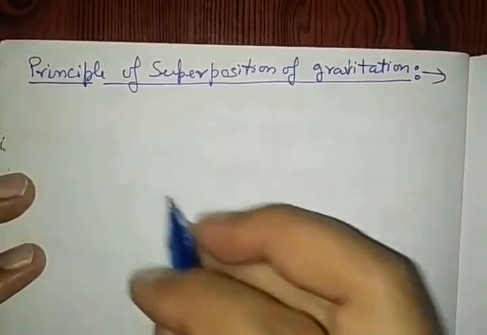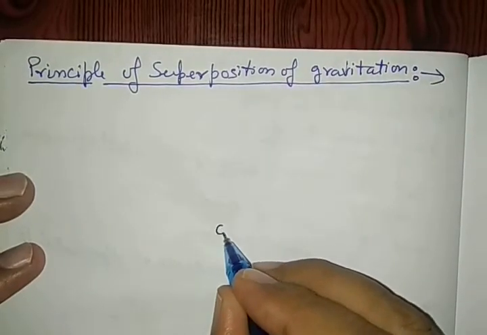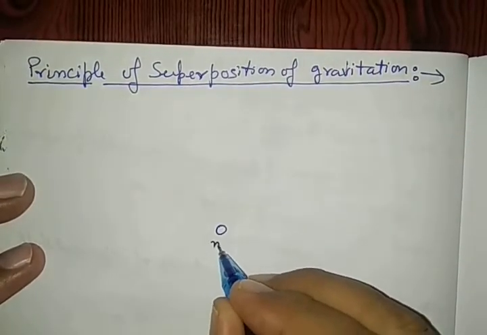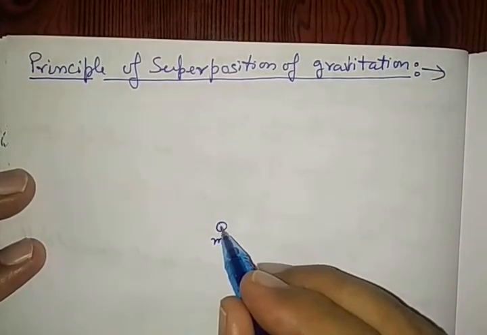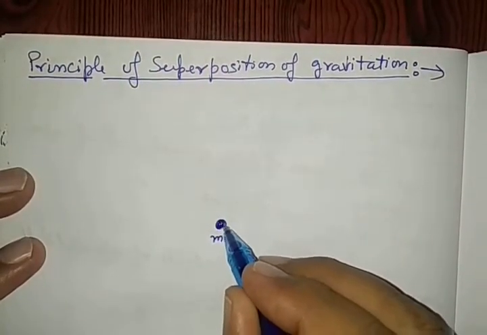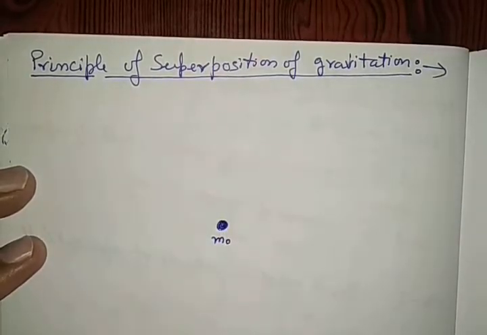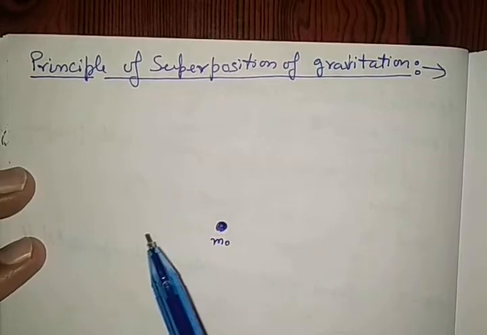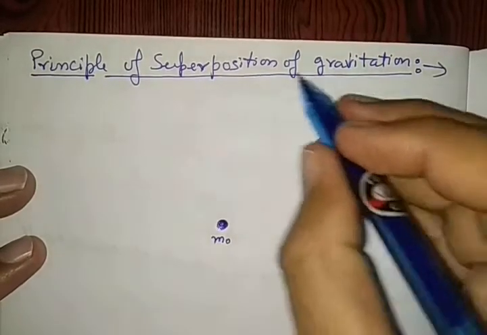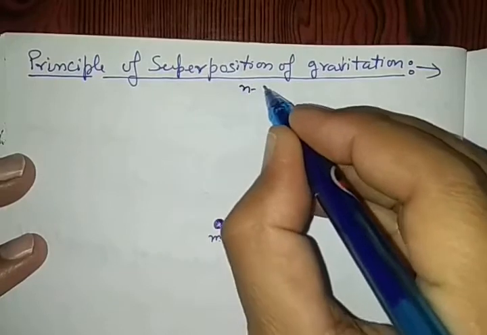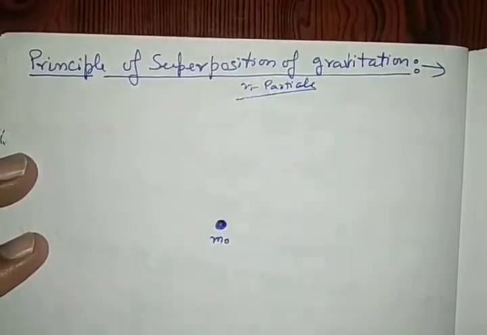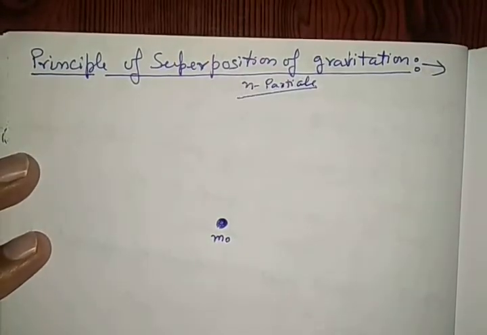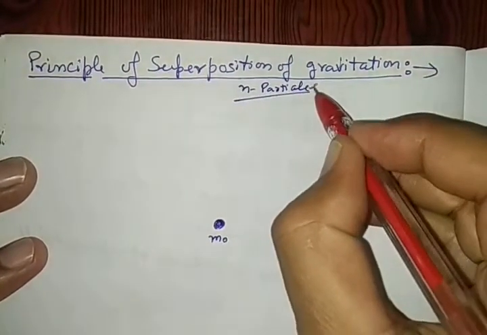Let we have a particle of mass m0, situated here. It is surrounded by more than one particle, surrounded by n particles. How many particles? N particles.